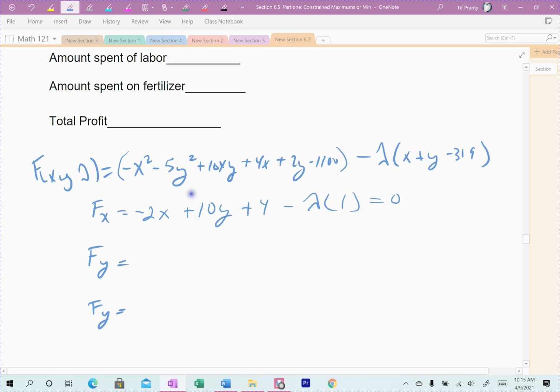All right, now with respect to y, so again I take the profit function with respect to y, so I get negative 10y plus 10x plus 2, right, there's a 2 here, minus lambda times 1 again, because there's just the 1y, set equal to 0. And then for lambda, it's always negative 1 times that constraint equation.